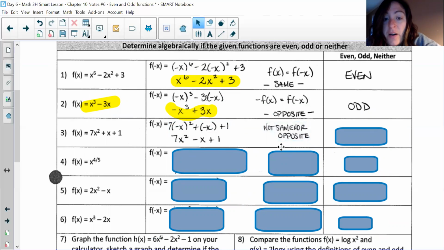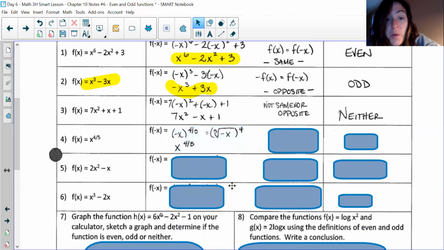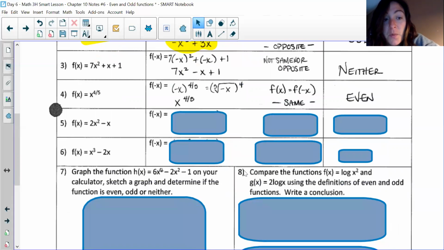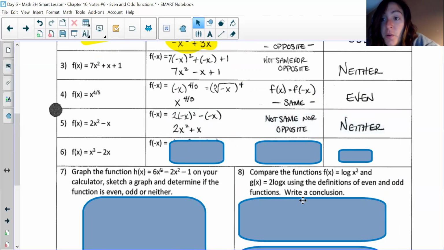That is neither the same nor the opposite, so neither. 4x to the 4/5, substitute in negative x to the 4/5, so that means the 5th root of negative x to the 4th, so that means negative x to the 4th is x to the 4th, so x to the 4/5, which is the same, so even. 2 times x squared minus x, substitute in negative x, we get positive 2x squared plus x, which is neither the same nor the opposite, so neither.